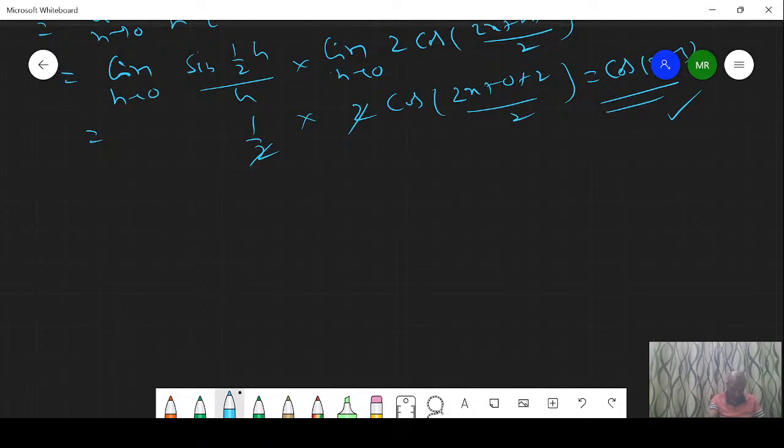The next one, cos of x minus pi by 8. The function you take, f of x equal to cos of x minus pi by 8. So these are again first principle. Find the derivative of cos of x minus pi by 8 from first principle.